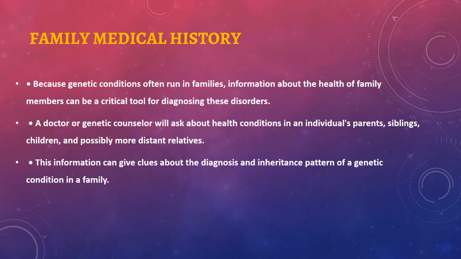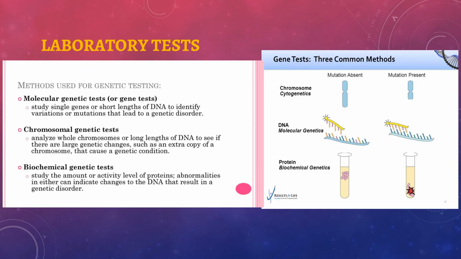A doctor or genetic counselor will ask about health conditions in an individual's parents, siblings, children, and possibly more distant relatives. This information can give clues about the diagnosis and inheritance pattern of a genetic condition in a family. So, health information about each and every member of the family is very important for diagnosing a genetic disease condition.